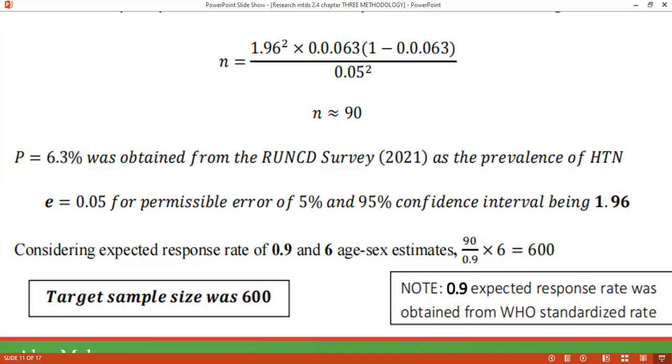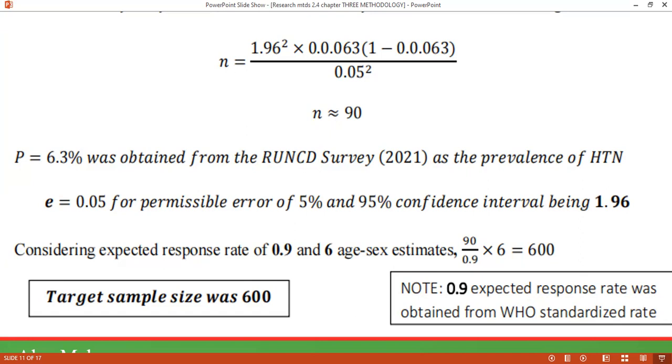Leave alone the past tenses. It is supposed to be in future tense when you're writing a proposal. It is the report which is in past tense. In a report I say was, but for a research proposal, I say will be 600. You understand? Okay, then of course I put this note aside on why I used 0.9 as response rate.